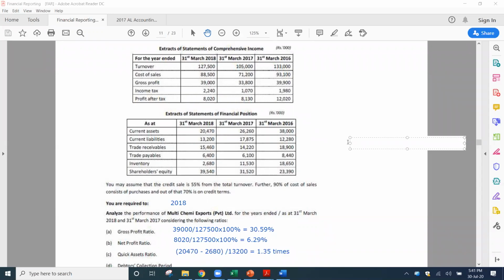Then they are asking us to calculate the debtors collection period. Debtors collection period shows how many days it will take to collect the debtors balances. How many days will it take to collect money from the debtors? So how do you calculate that?